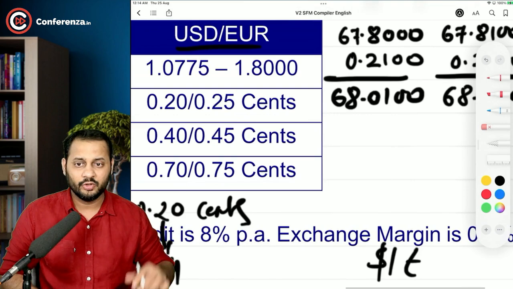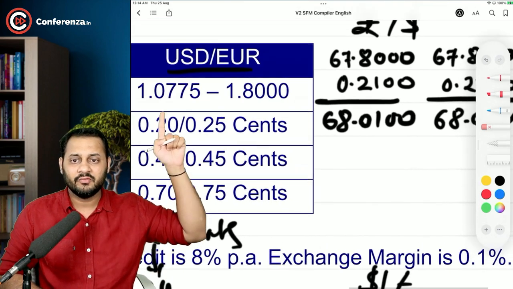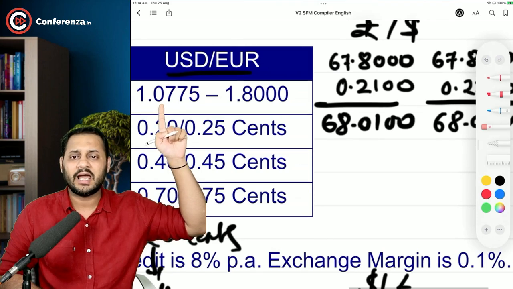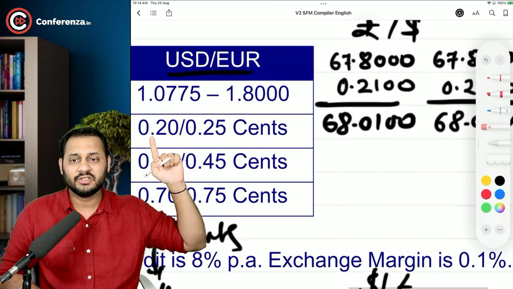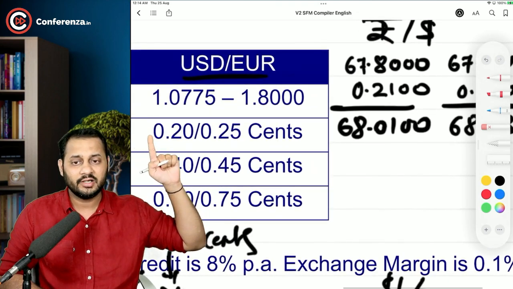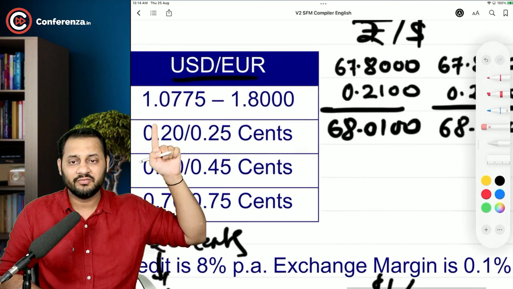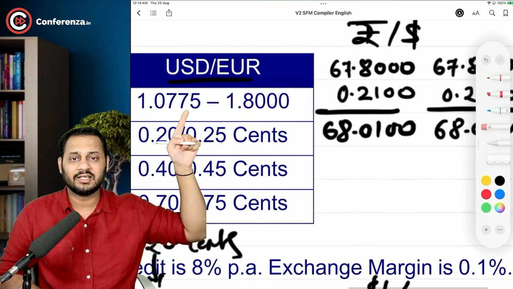If there were no decimal points here, then I would have added 20 in 0 and 7. But because of this decimal, I would assume that whatever is on the left hand side will take the first two places, and whatever is on the right hand side will take the last two places.